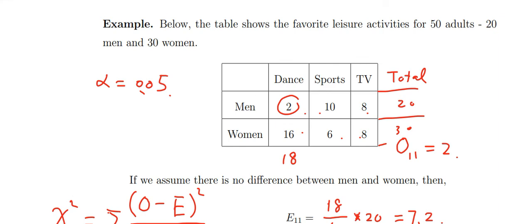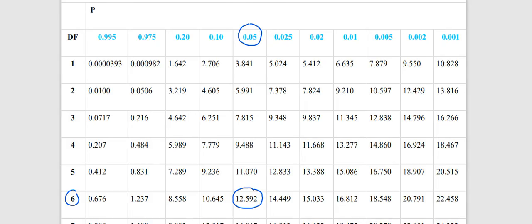The degree of freedom is 2, and alpha 0.005. This is what we call the critical value. The chi-square critical value is 5.991.